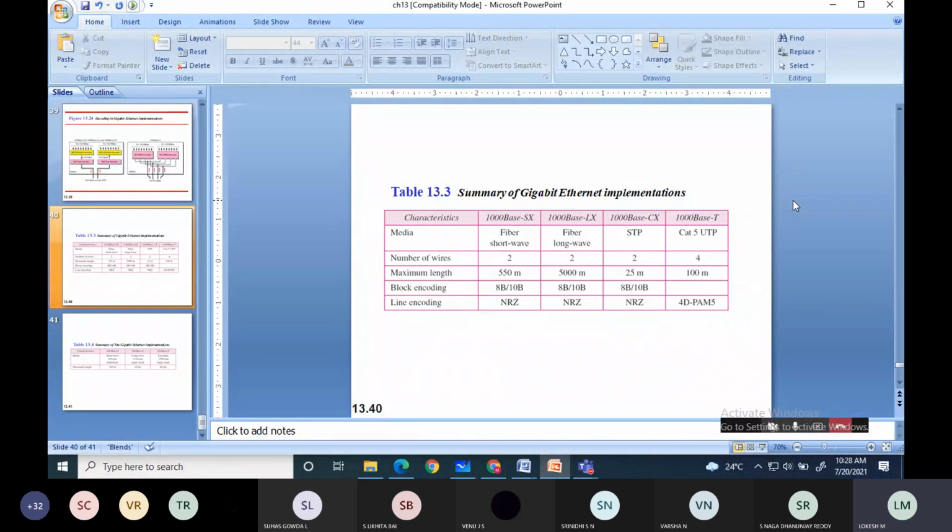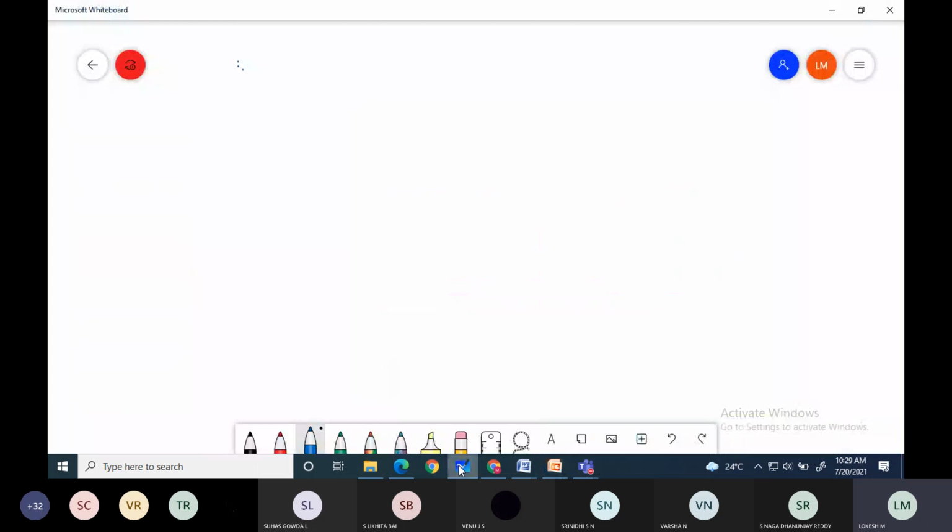When you take the media, which media is used in 1000BASE-SX means fiber short wave. Fiber short wave means fiber cable with a short wavelength, like the digital waves or the sinusoidal waves, which perform as shorter waves. When you write it in a graphical manner, this is the way it will look.